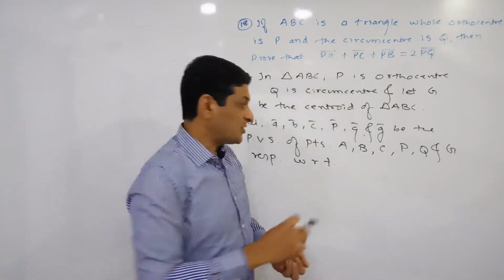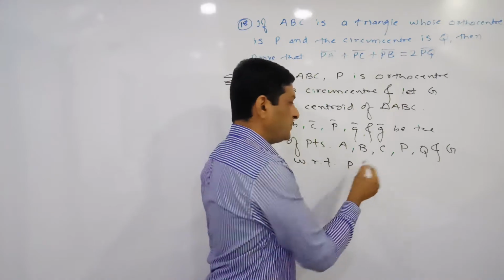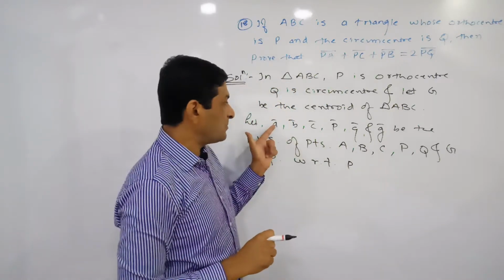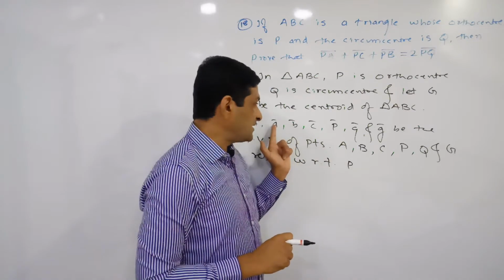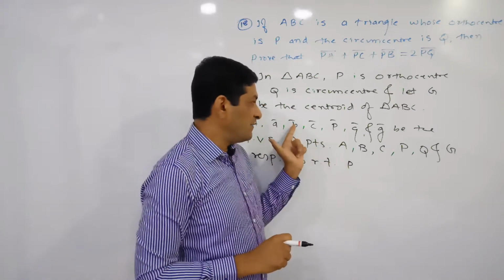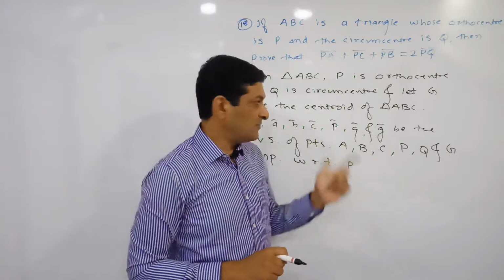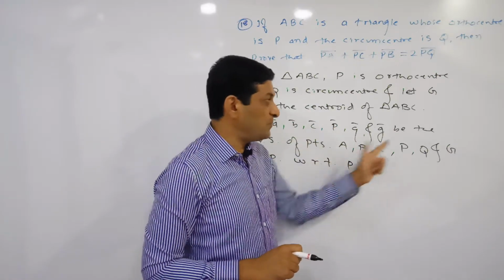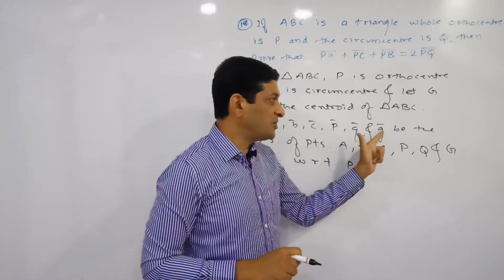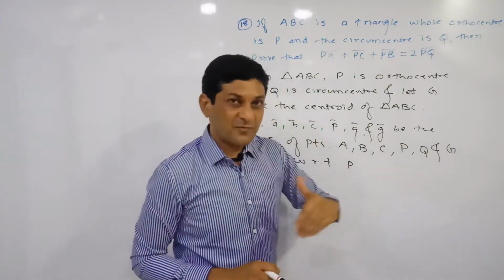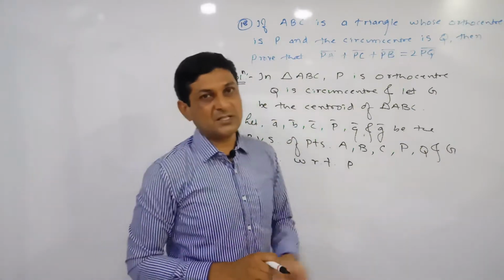P. So that's why we are defining these position vectors with respect to P. In short, A bar is the position vector of point A with respect to P, means A bar is PA bar. B bar is PB bar. C bar is PC bar. In the same way, P bar is PP bar. Getting it? Q bar is PQ bar. And G bar is PG bar. We are defining these position vectors with respect to P, because the result is in that form.